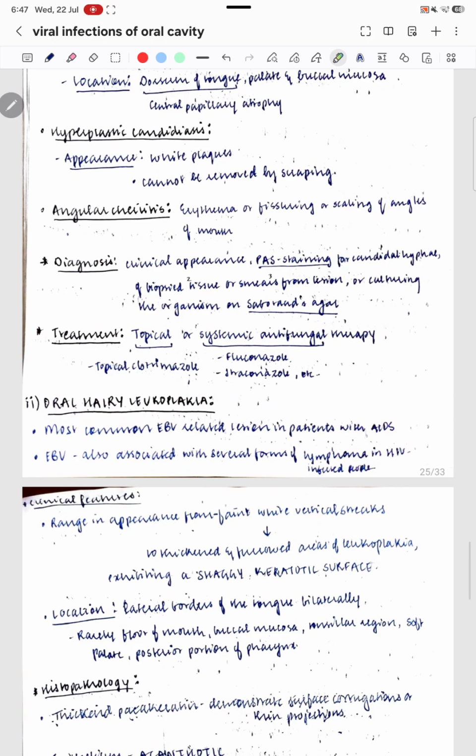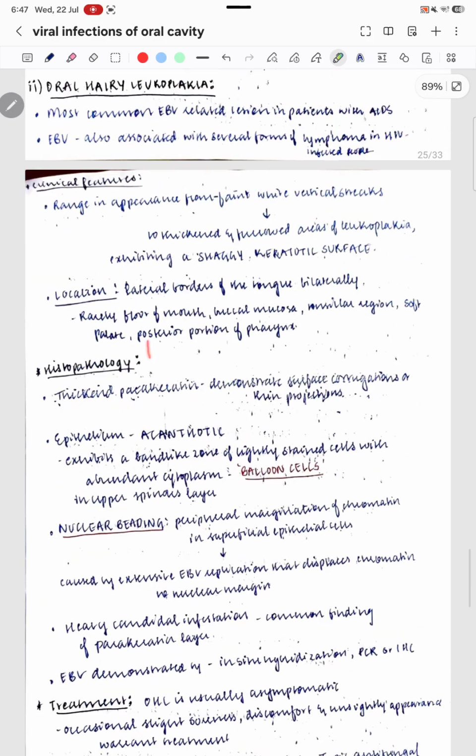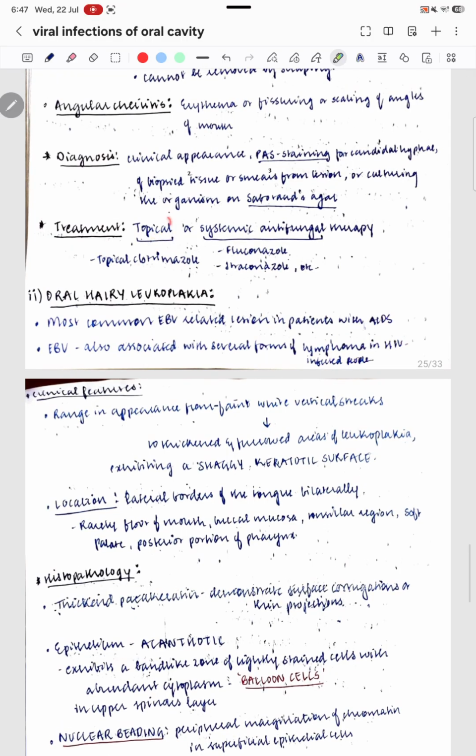Coming to the treatment, it is topical or systemic. Topical includes clotrimazole, an antifungal topical cream. For systemic treatment, you have fluconazole tablets or itraconazole.